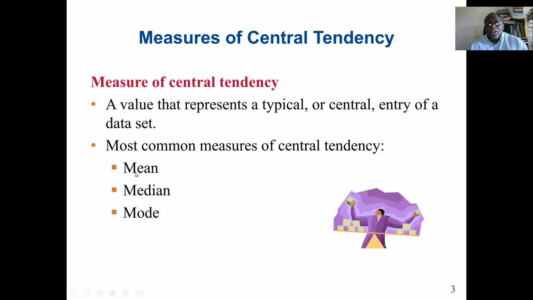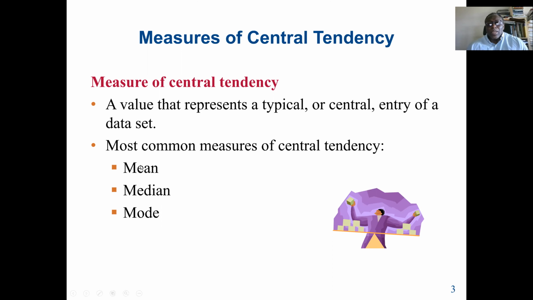So now if I have a data set and the outlier of the data set is very important, we don't want it to affect the central tendency, then we may use the median. An example would be the income, a salary of employees in a specific company or a city.